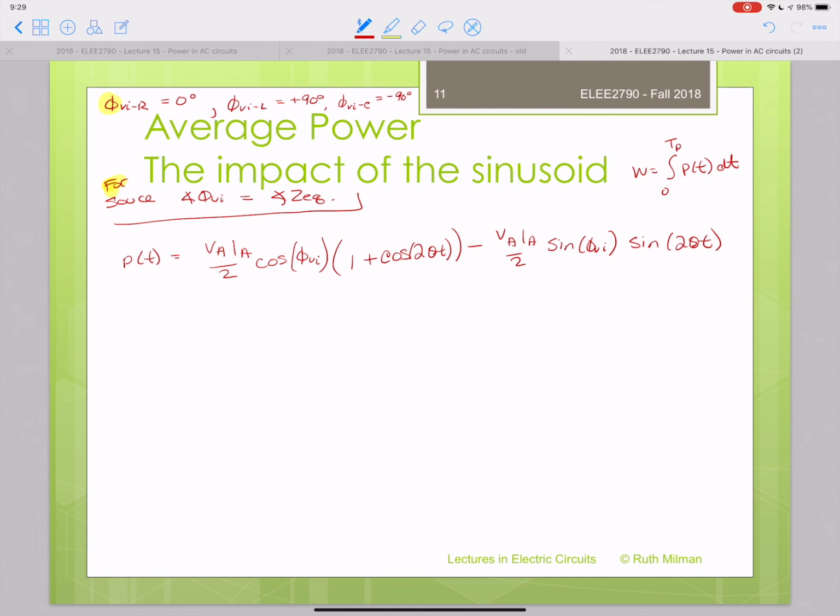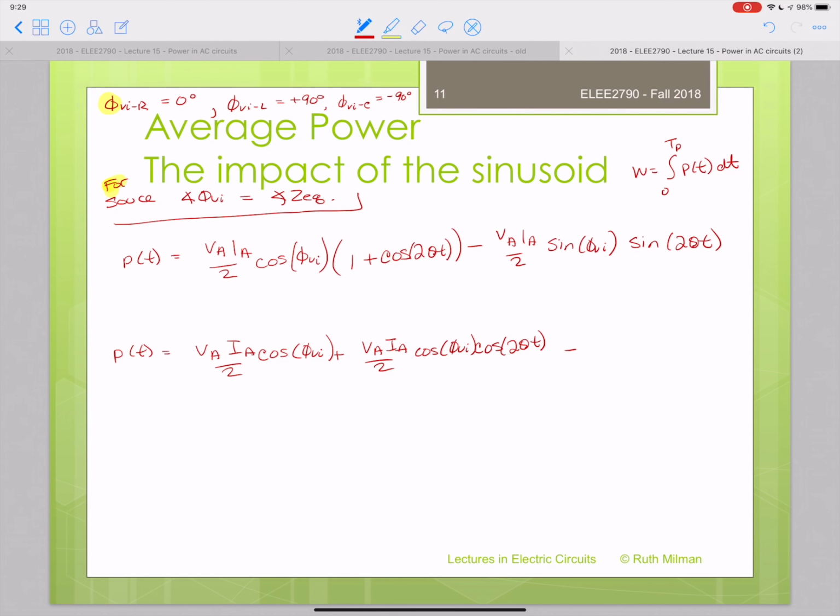Now, if we take a look at the equation we have here, we're going to regroup it into 3 parts. P of t is equal to a fixed or DC part, VA times IA over 2 times the cosine of that phase shift angle. Then there's a secondary part with that same basic value, VA IA over 2 times the cosine of the phase shift, but multiplied by a moving sinusoid of cos 2 theta t.